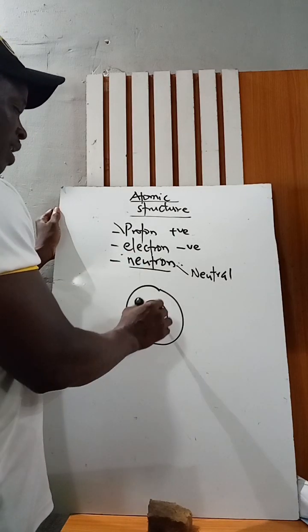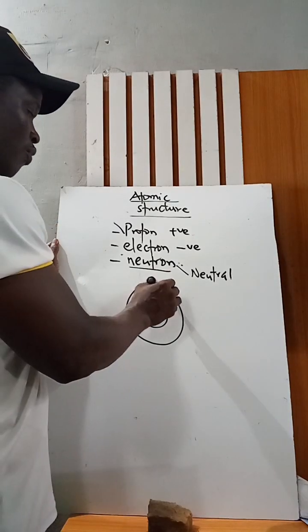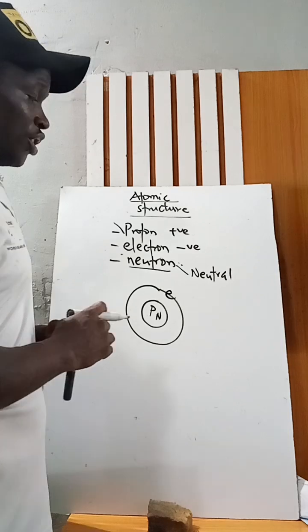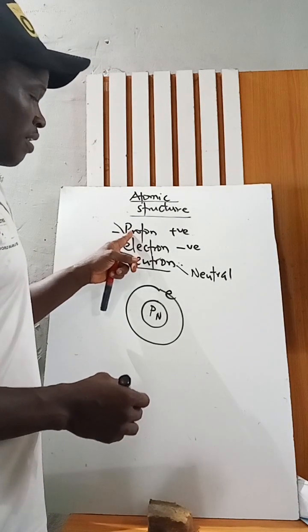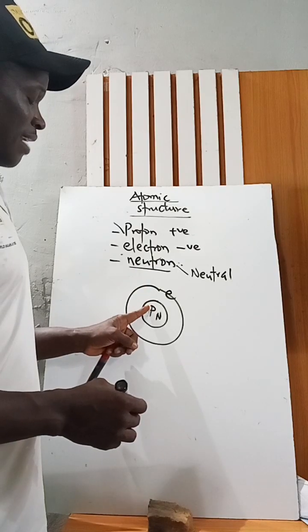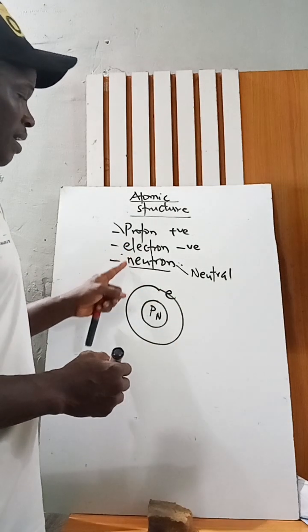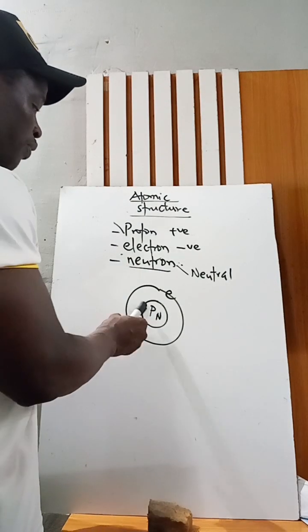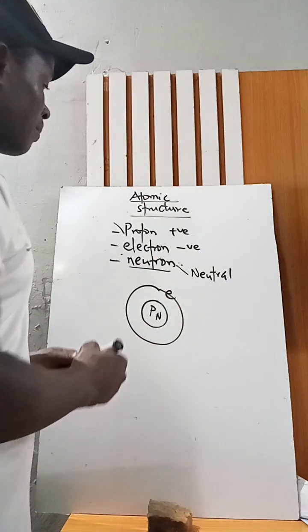Proton as well as neutron, they are found inside the nucleus, whereas electron is found on the shell. So proton and neutron are found inside the nucleus of an atom.